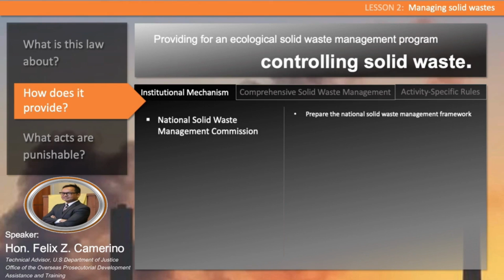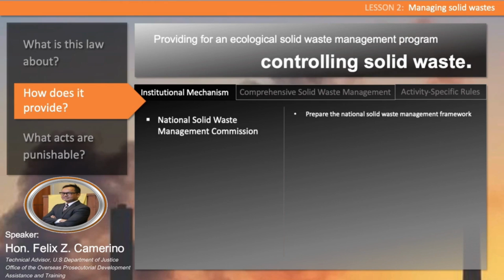So very much like that in the earlier laws that we looked at, the Brown laws, it's a framework that, of course, is critical in producing some of the action plans that everybody uses as a blueprint for their activities.